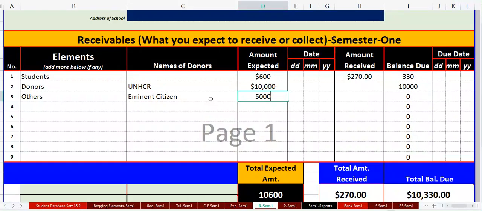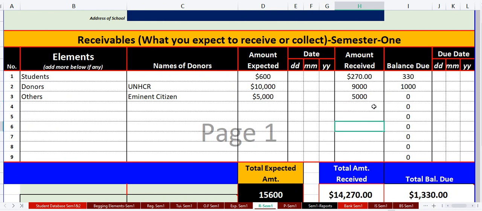Alright, so now in your case you can put a date that was done. Alright, then at the end of this time, the donor came here and pay of this money. They pay 9,000, let's say. Alright, then the 5,000, the eminent citizen came and paid all the 5,000. So the balance here is zero.